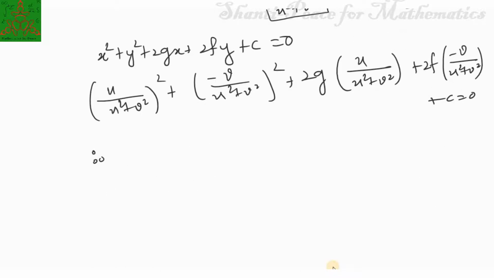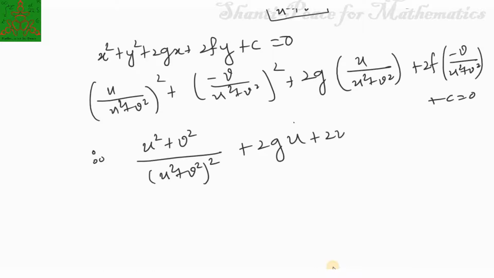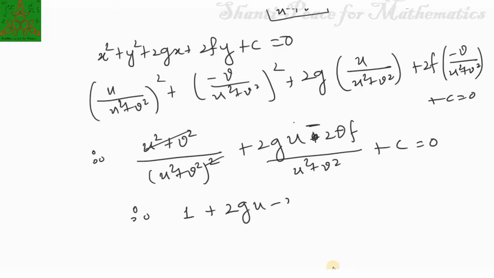If you simplify this, you have u square plus v square upon u square plus v square whole square, plus 2gu minus 2vf upon u square plus v square, plus c equal to 0. One u square plus v square cancels out, and then you take the LCM. You will have 1 plus 2gu minus 2vf plus c into u square plus v square equal to 0.